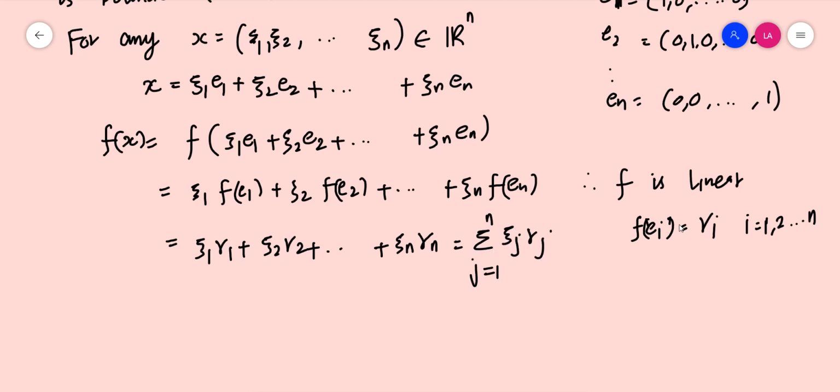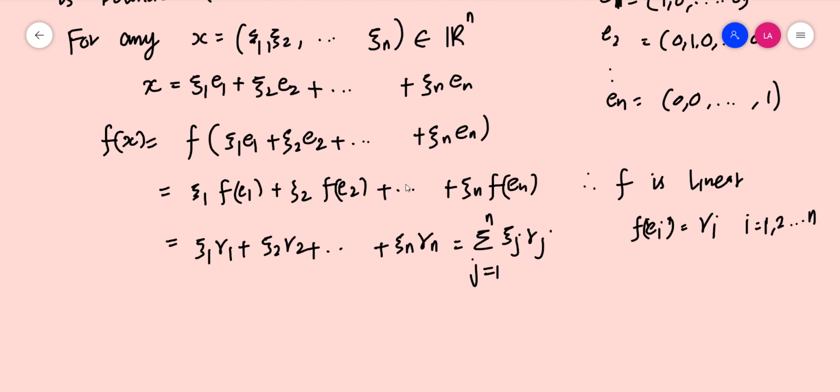Since f is a linear functional, f of ej is actually a real number. So gamma 1, gamma 2, etc., gamma n are real numbers in general. Theta 1, theta 2, etc., theta n belonging to Rn means the theta i's are real numbers. Here the gamma i's are also real numbers since f is a linear functional.